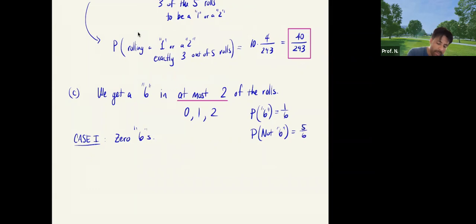So then what's the probability of me getting 0 sixes? Well, that's if I get everything that's not a 6, of the 5 times, right? Exactly, Oliver. Very good. 5/6 to the 5th power. That's the probability.